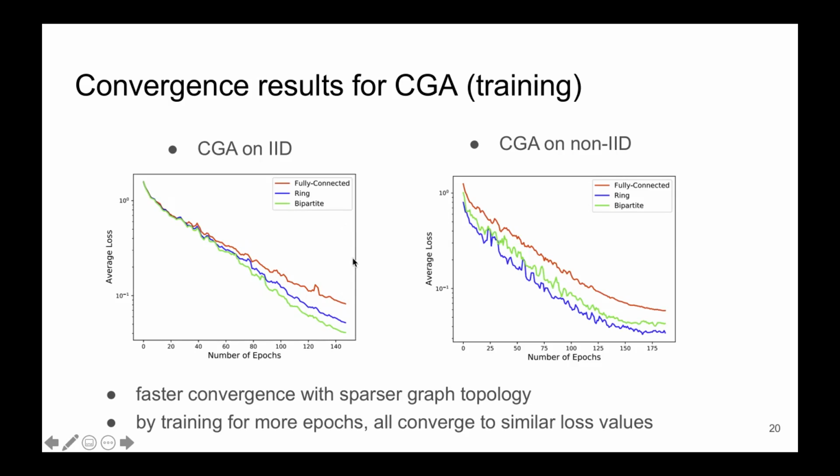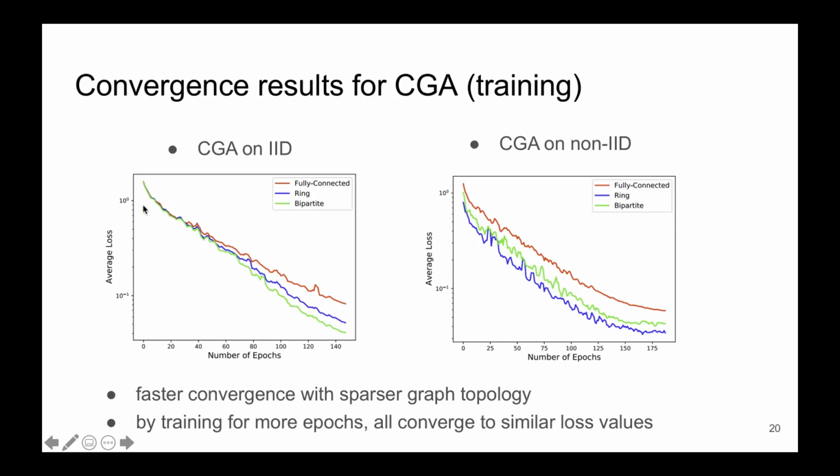I mean, as we go down, the graph becomes sparser and the loss decreases more. This also happens in the non-IID distribution, it's the same thing, but with more variance, because the training process in non-IID distribution has more gradient variance and variation.